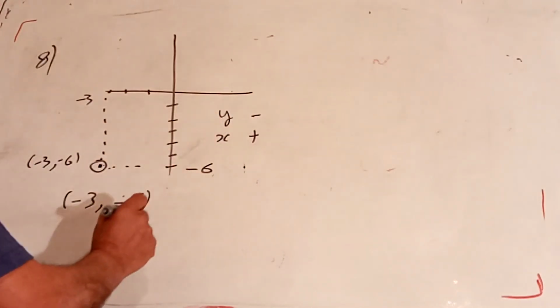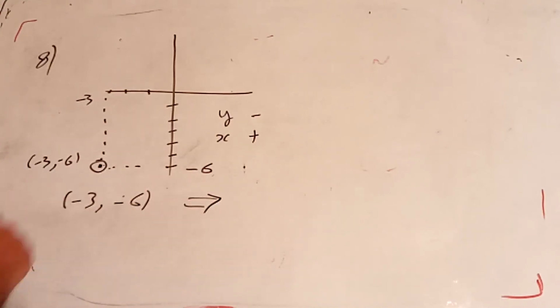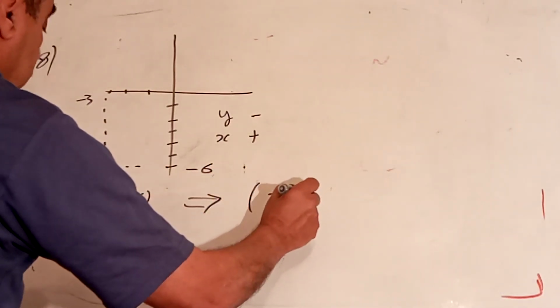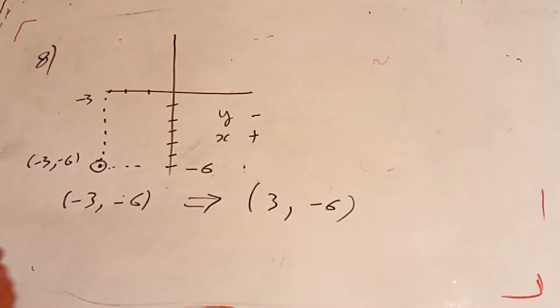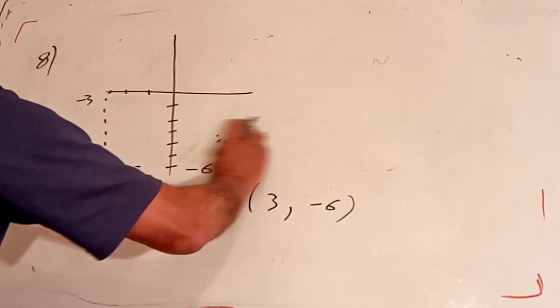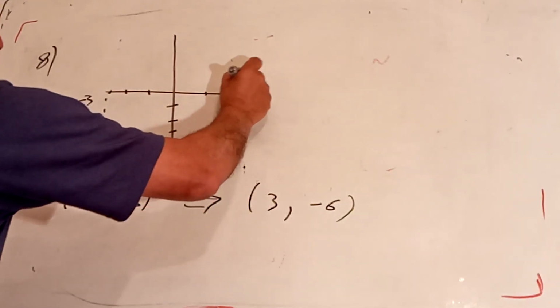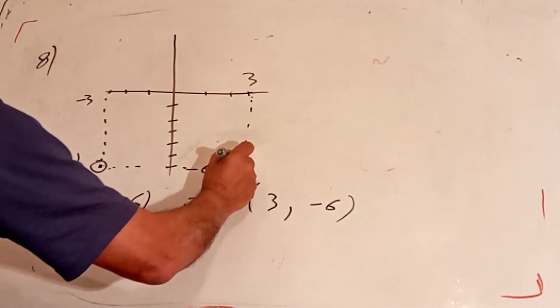You can see it from here. As I told you, if you reflect over the y-axis, we change the sign of x. So it will be 3 and -6. So it's reflected to 3 and -6. This is 1, 2, 3, and this is the point -6. So this is the reflection of the point.